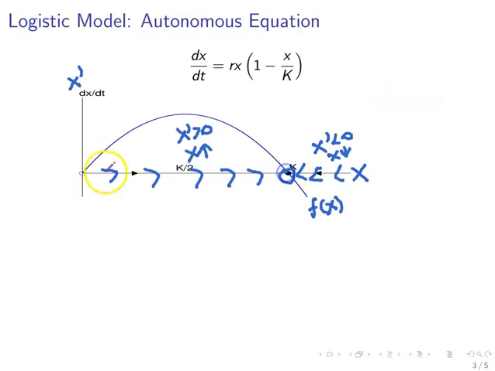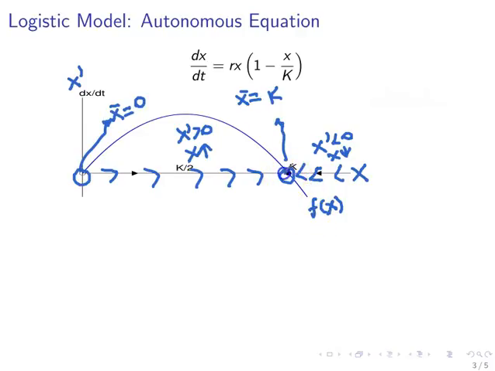So very importantly, there are actually two values. This value here is x bar equals k, and this other value here is x bar equals 0. Those are exactly the roots of this concave down parabola.